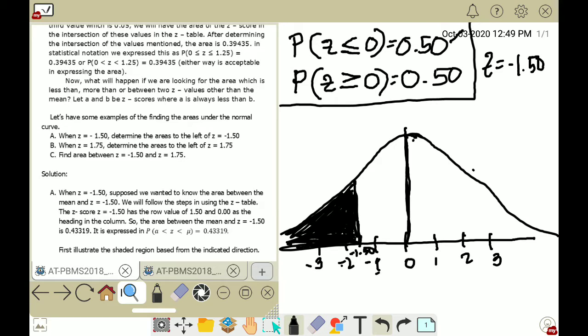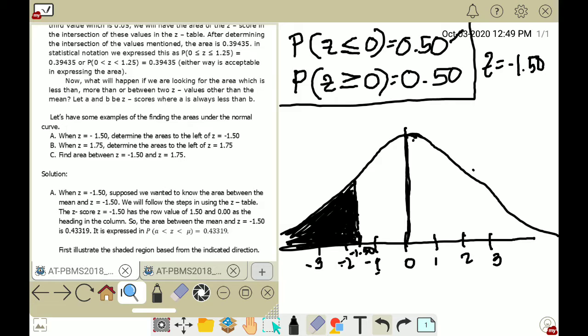This whole area here going to the left is 0.5, including the shaded portion. Since that is already given, we also need to eliminate the area of negative 1.5 to determine the area to the left of negative 1.5.